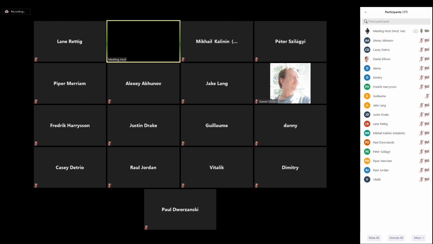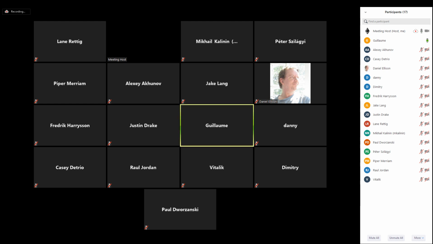Guillaume's here, so let's go ahead and get a Whisper update, if you don't mind, Guillaume. Sure. Actually, this week I was working on EWASM. But for Whisper, we released V6 some time ago. Right now, I'm working on an experiment to get libp2p to work with Whisper.